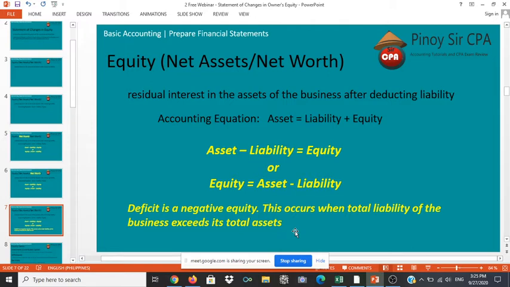Again, liability is payable sa mga creditor. While the equity is payable of the business to its owner. Ikaw mismo na may-ari. Question, magkaiba ba yung utang ng business sa creditor nito kaysa sa utang ng business sa may-ari nito? Magkaiba po. Tama?